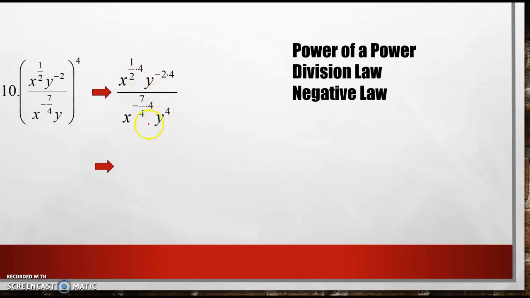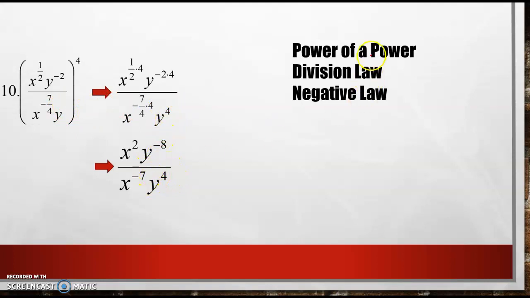Okay, and then I got x squared because 1/2 of 4 is 2, and then negative 2 times 4 is negative 8. Negative 7 over 4 times 4 cancel on 4, so you'll have negative 7. y to the power of 4. Since the exponent of y here is 1, so 1 times 4 is just 4.